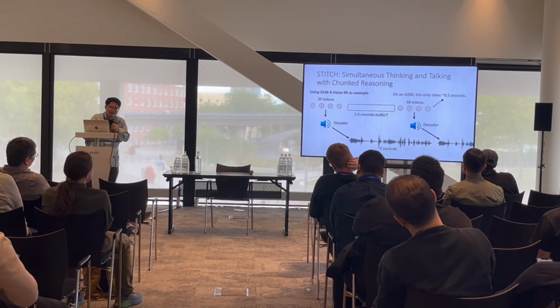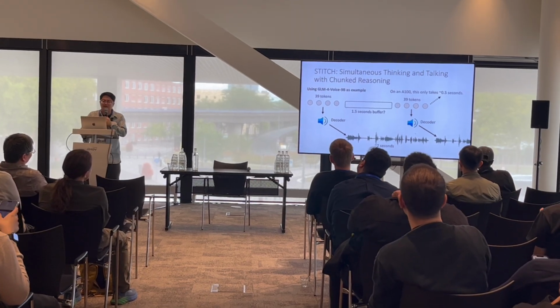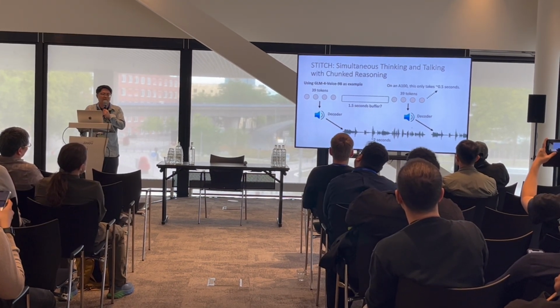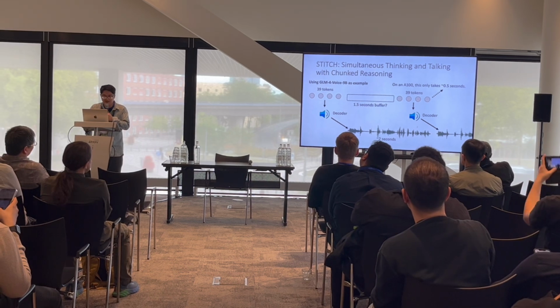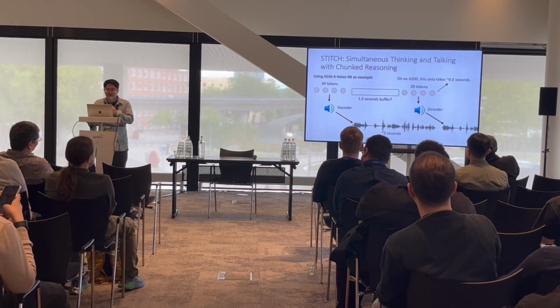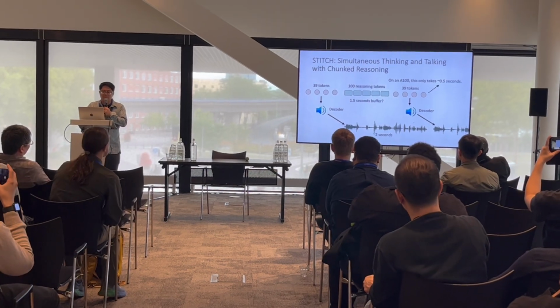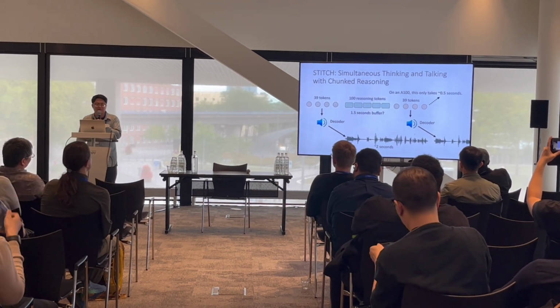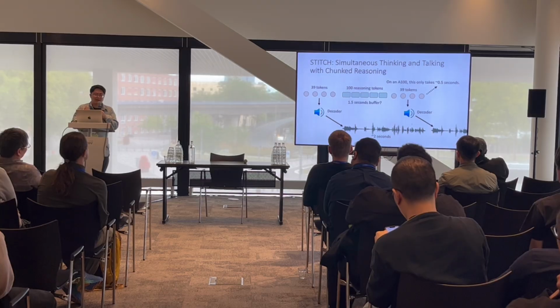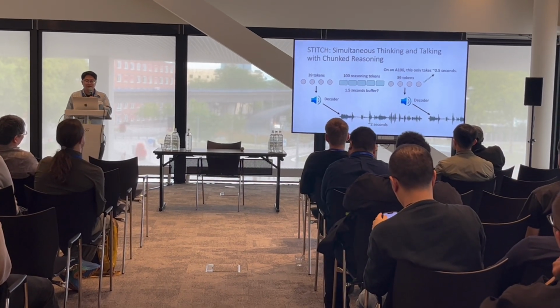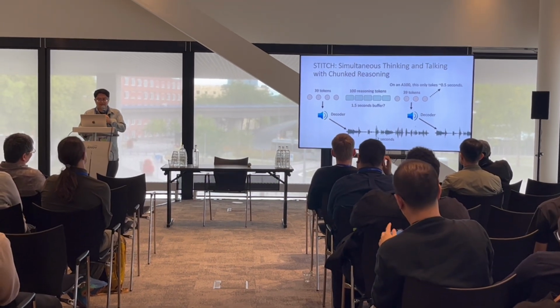So actually, there is a 1.5 second buffer, where your language model does not have to do anything. How about we just use this buffer to generate the tokens for reasoning? A 1.5 second buffer is already sufficient to generate 100 reasoning tokens. So this is the basic idea of Stitch.